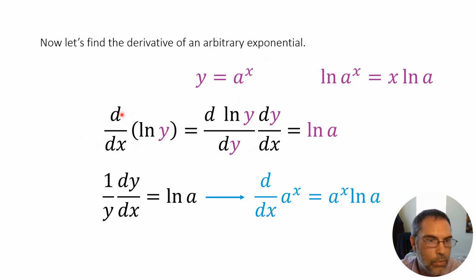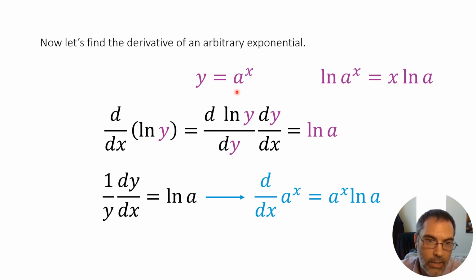Okay, so derivative of log y, where y is a to the x. We know what log y is. It's going to be x log a. So this result here is going to give us natural log of a. The derivative of this is just natural log of a. It's just a constant times x.